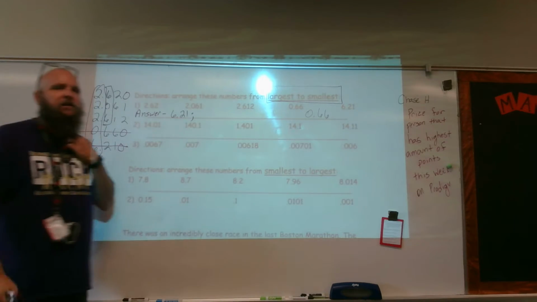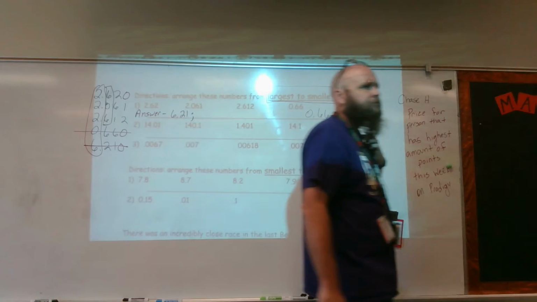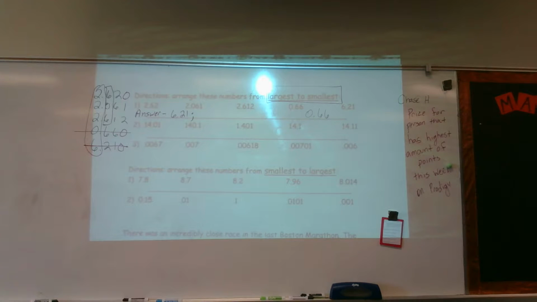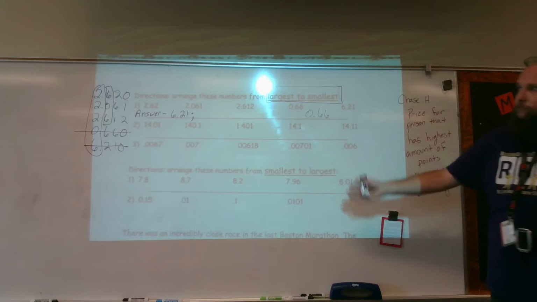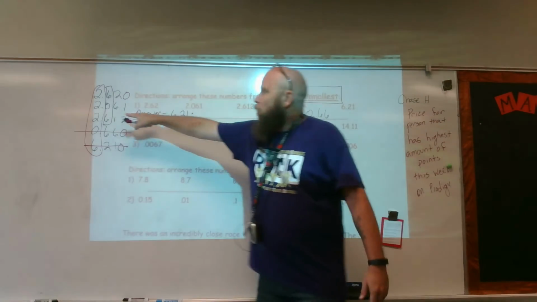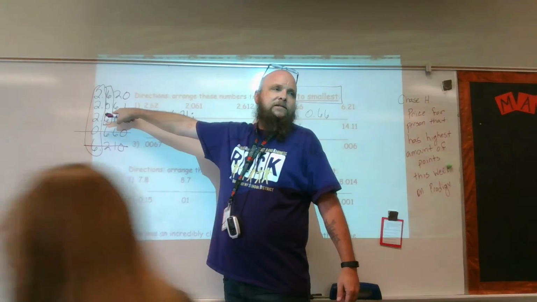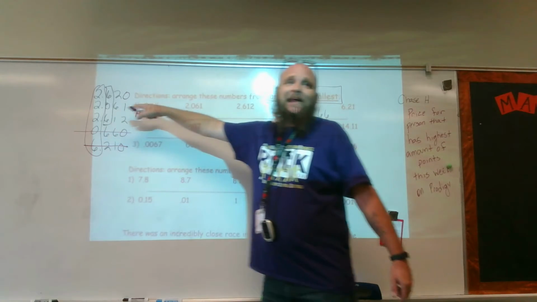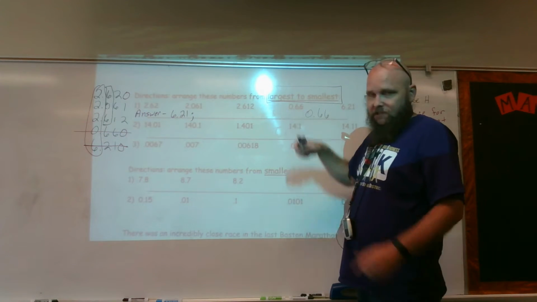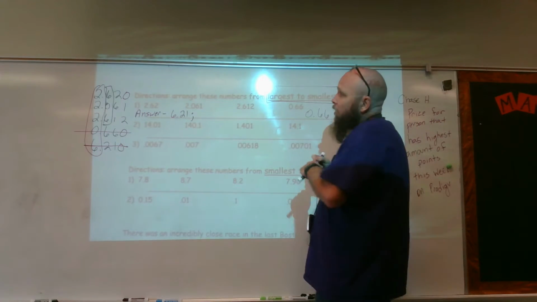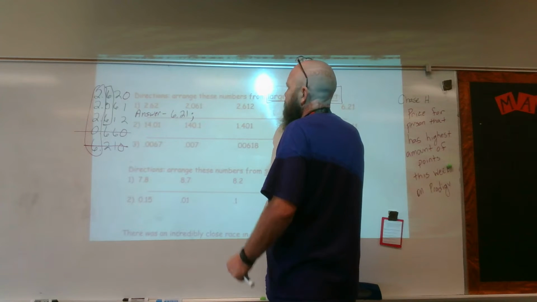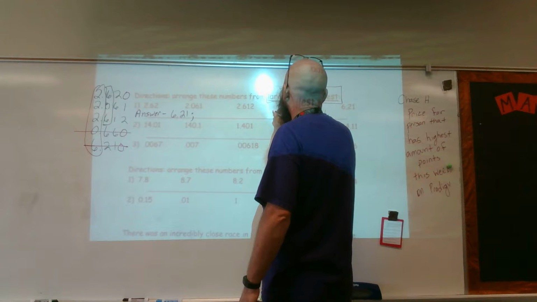Yes, the 2.0 is less than the 2.6s. Good. So the one with the 0 in the tenths place is going to be my next smallest number down here. So it's 2 and 61 thousandths.